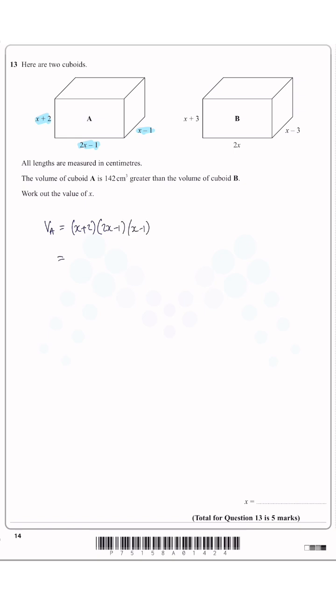If I expand the first two brackets, I'll have 2x squared, 2 times 2x is plus 4x, minus 1 times x is minus 1x, and 2 times minus 1 is minus 2. And if I collect the like terms, then I'll have 2x squared plus 3x minus 2. And that all needs to be multiplied by x minus 1.